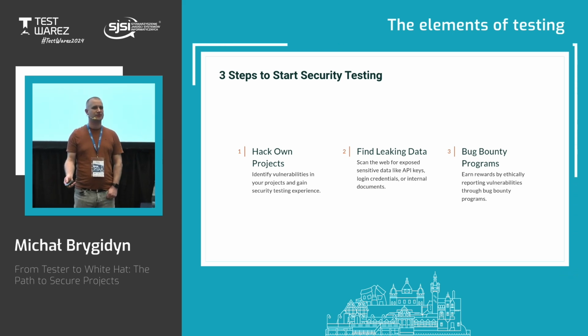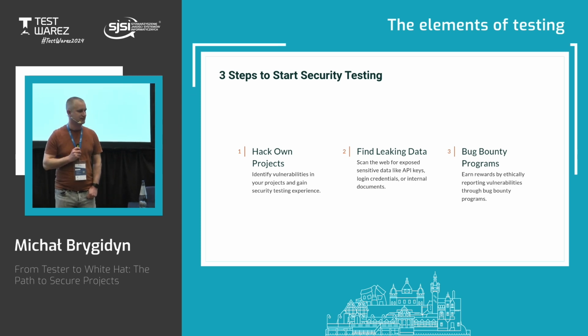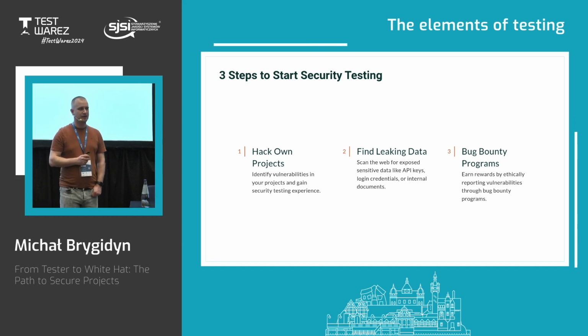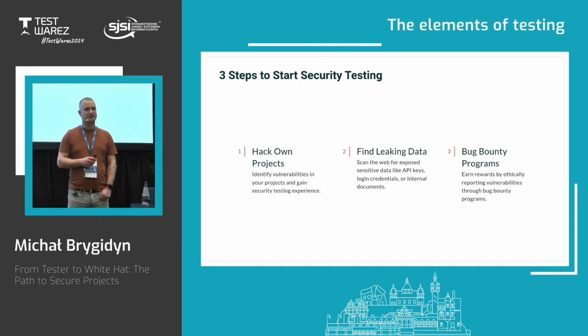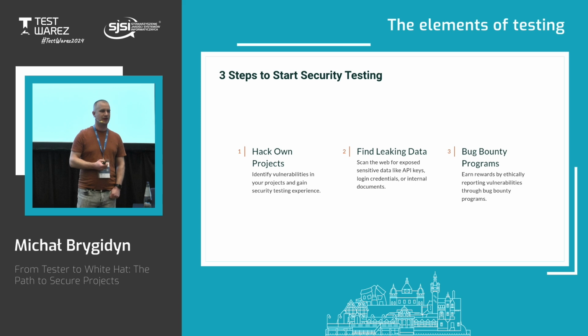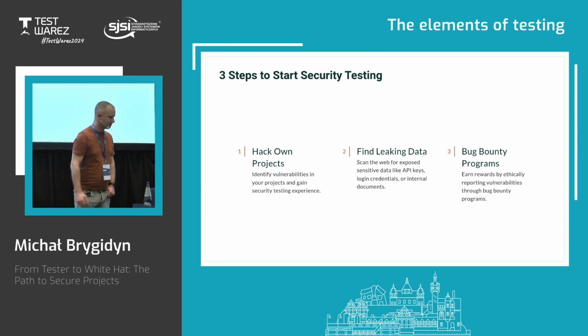If there is cloud infrastructure, maybe we are able to remove a part of this infrastructure. So it's a place where you can easily gain some experience in security testing. I will not be telling you how to check for SQL injection or DDoS, but these are the things that you should try in your projects.